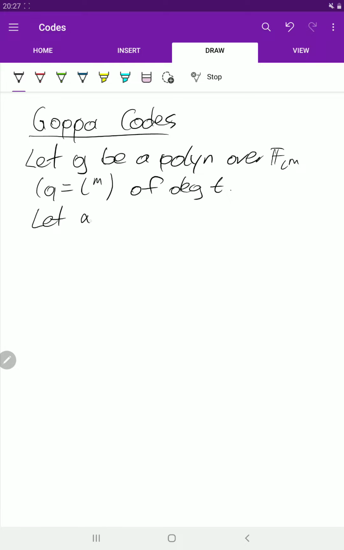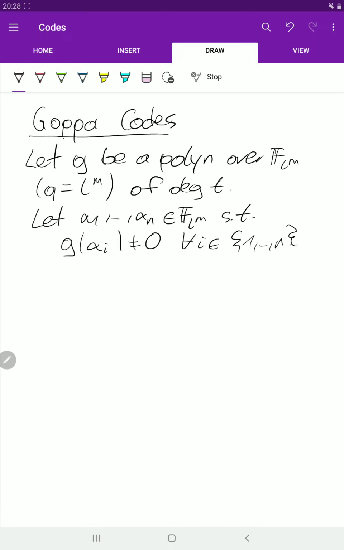Furthermore, we take elements alpha_1 to alpha_n in F_L^m, so in F_q, and we want that g(alpha_i) is non-zero for all i in 1 to n.